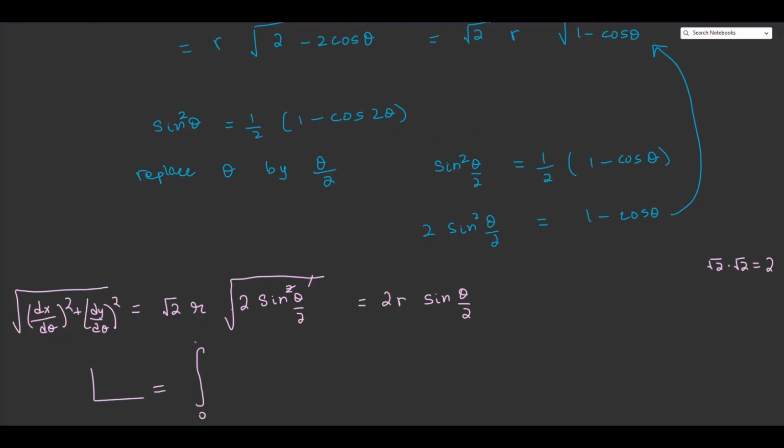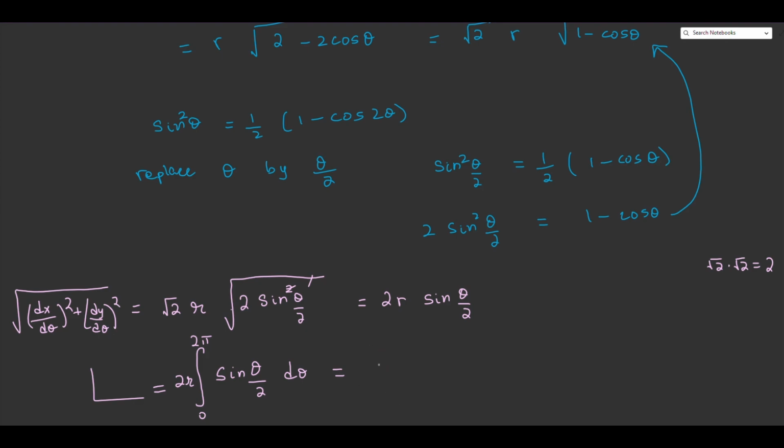So it is from 0 to 2 pi. You can write this 2r outside the integral because it is a constant, then sine theta by 2 d theta. And what is the integration of sine? The integration of sine is minus cosine of theta.